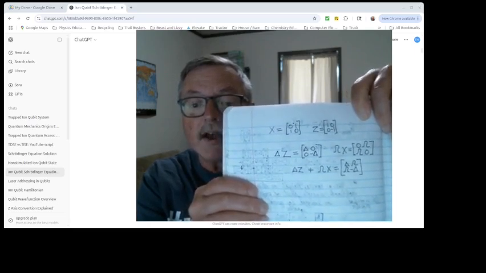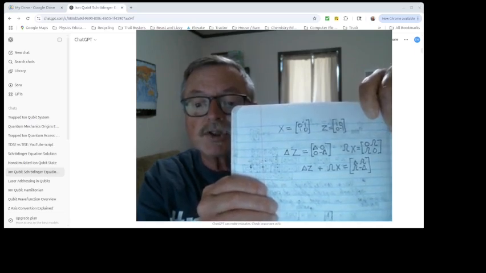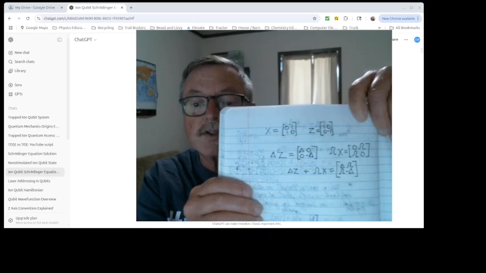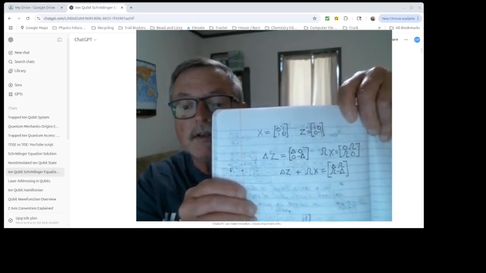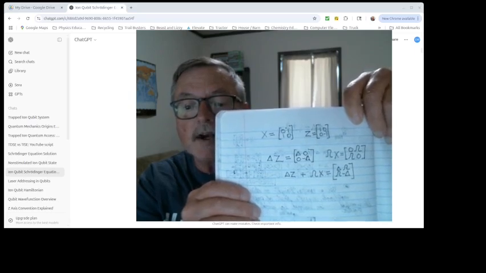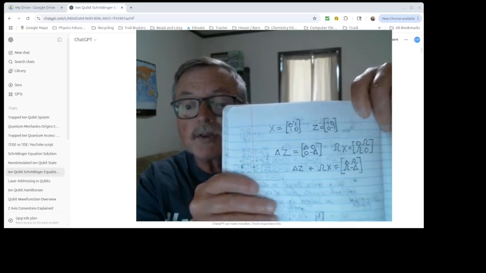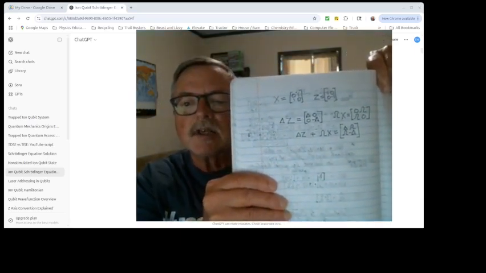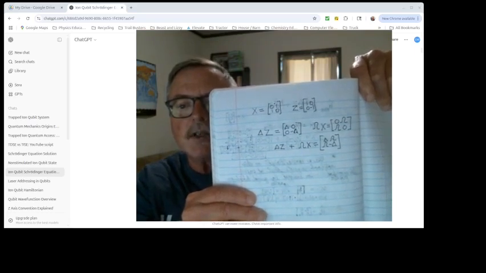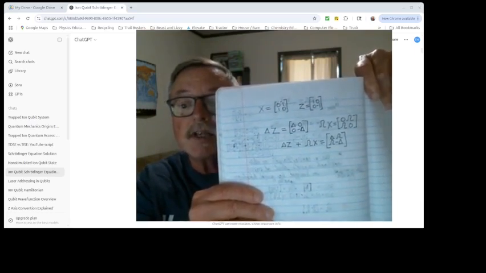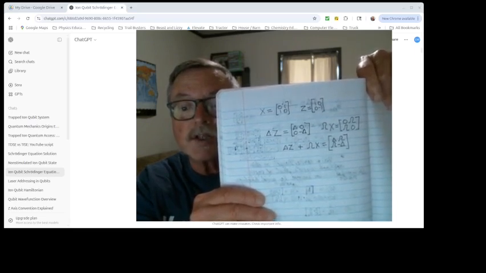And then I have a delta Z, and all I did was take the Z matrix and multiply each element times delta. So you come up with that. Then I take the omega and multiply times X, and then you come up with the omega X equals that value here. If we have the delta Z plus the omega X, that gives us the matrix with delta, omega, omega, minus delta.